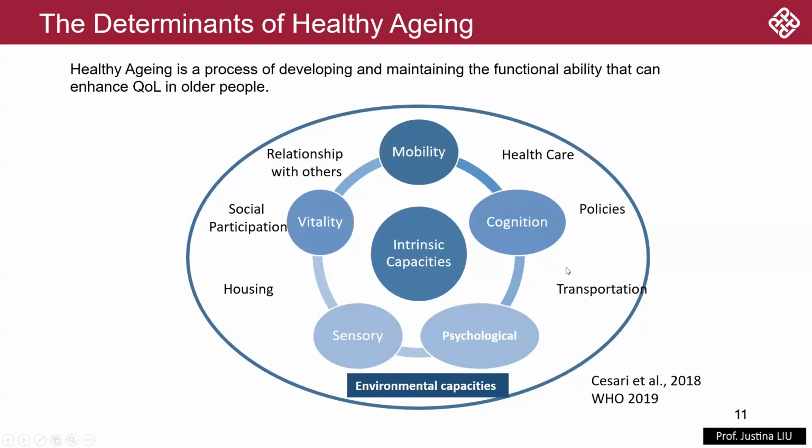For example, it includes the physical environment, such as transportation, social facilities, and housing facilities, as well as the social environment, such as older people being provided chances to participate in important social events, having enough interaction with the people around them, and having good relationships with other people.